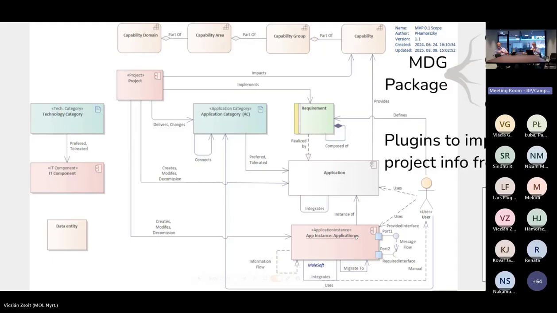Because in our case, we wanted to differentiate the two, because applications are strictly connected to the application governance on enterprise level, but on project level, if you are checking the project effects, usually your projects are affecting already implemented and installed systems. This is why we are differentiating the instances from the applications.